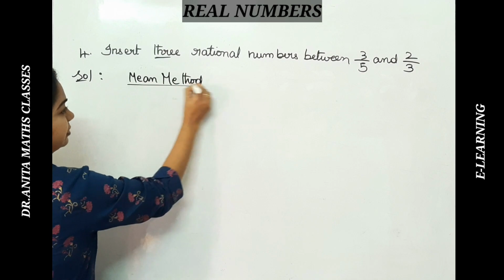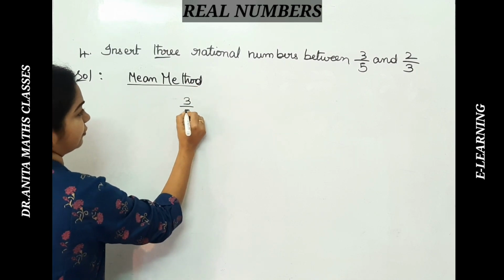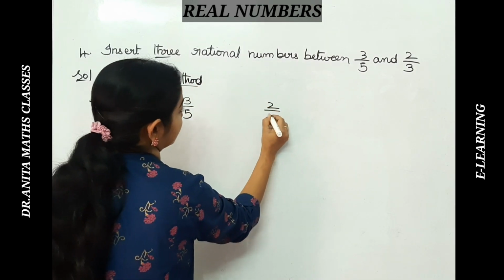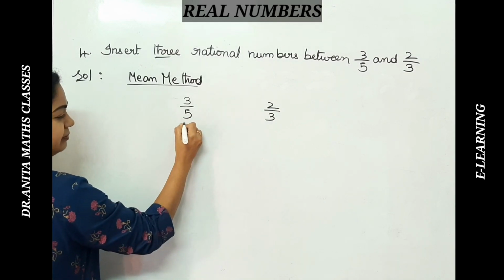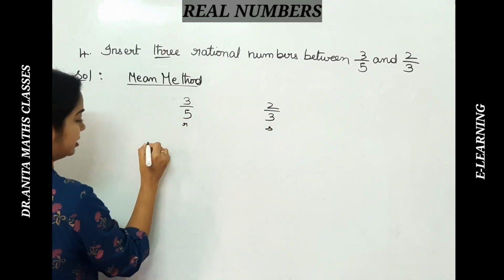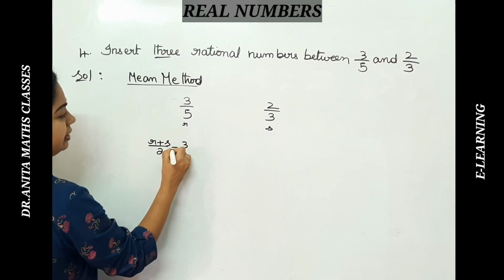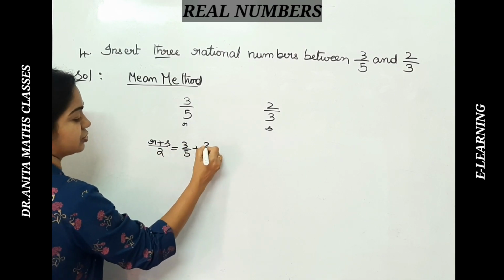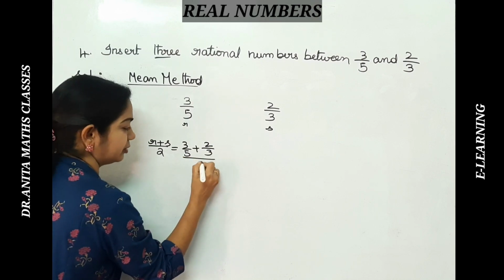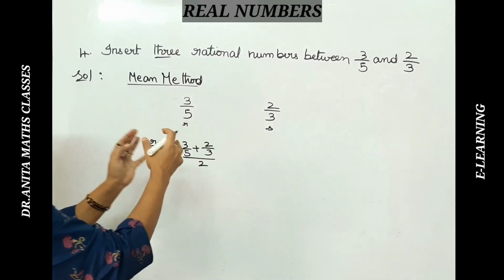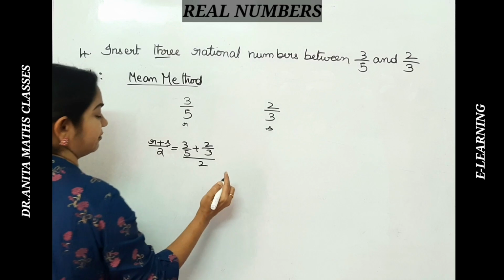this is the first method, right? So we have 3 by 5 and 2 by 3. Our r is 3 by 5, and you can consider this s. The first number is r plus s by 2, that is 3 by 5 plus 2 by 3 upon 2. Finding the average means the center, the mid value.